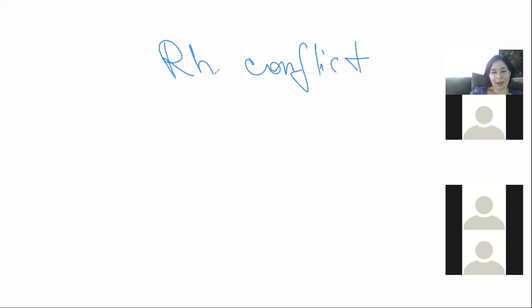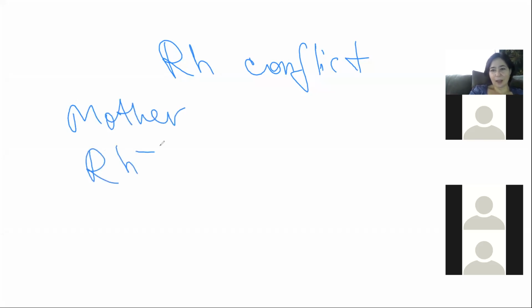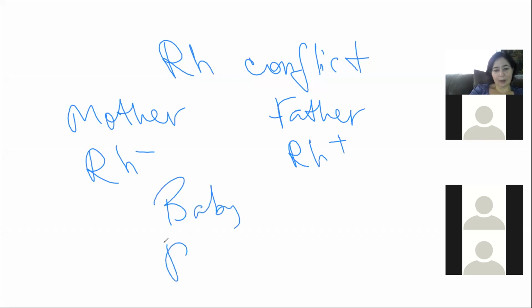So RH conflict is, let's say, mother is RH negative. Father is RH positive. Now this is a dominant gene, so there is a very high chance the baby will be RH positive. During first pregnancy, everything goes well, right? But when a woman delivers a baby, what happens usually?